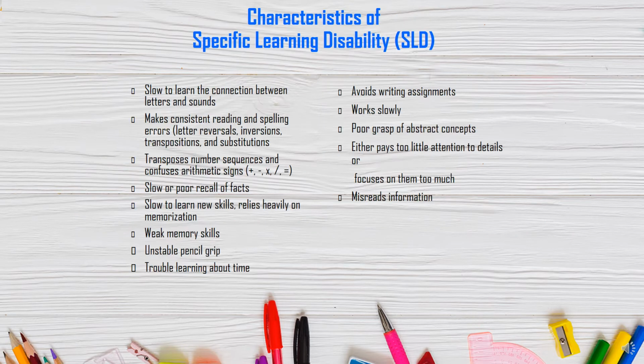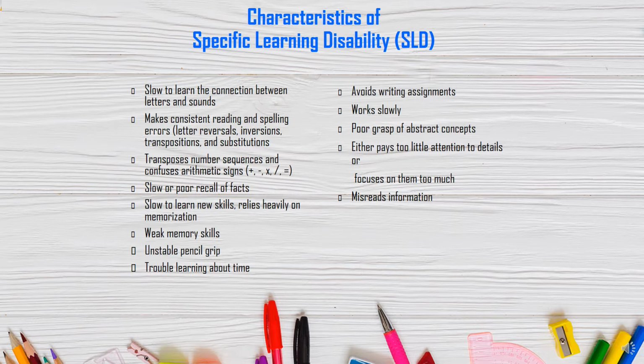One common characteristic is they are slow to learn the connections between letters and sounds, which affect their ability to read basic words. Students with a specific learning disability may make consistent reading and spelling errors, including letter reversals, B and D, inversions, M and W, transpositions, felt, left, and substitutions, house and home.